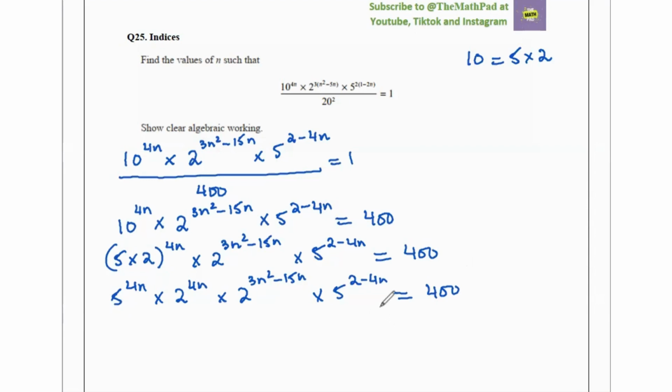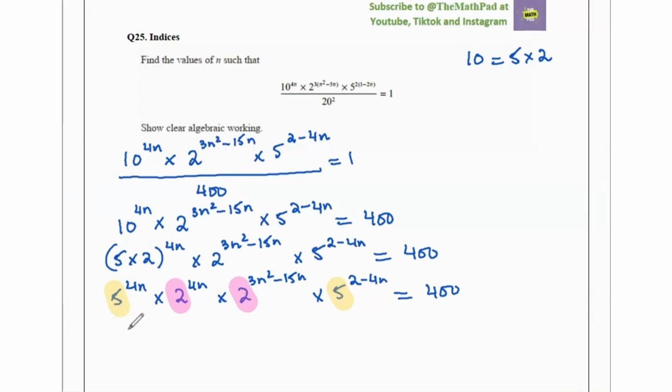When the bases are the same, according to the rules of indices, we can add the powers, given that the bases are being multiplied. So for the base of 5, since they're being multiplied, we can add the powers, and for the base of 2, we can add the powers.